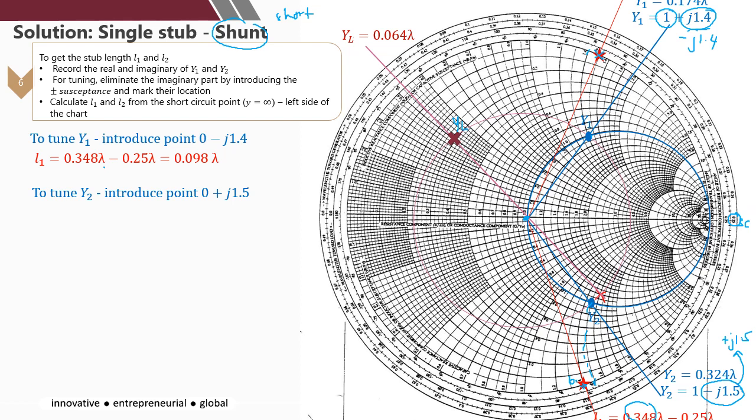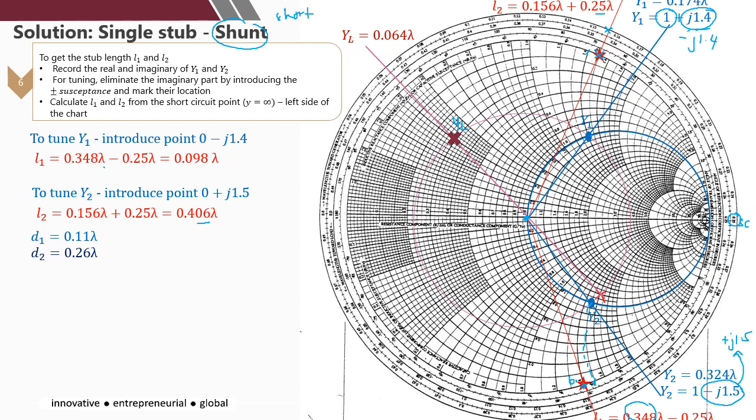Okay, read off the value 0.3435. Here it's 0.156 lambda, and since it is lower than 0.25, you will be adding both. Okay, 0.156 and 0.25, so you get 0.406.